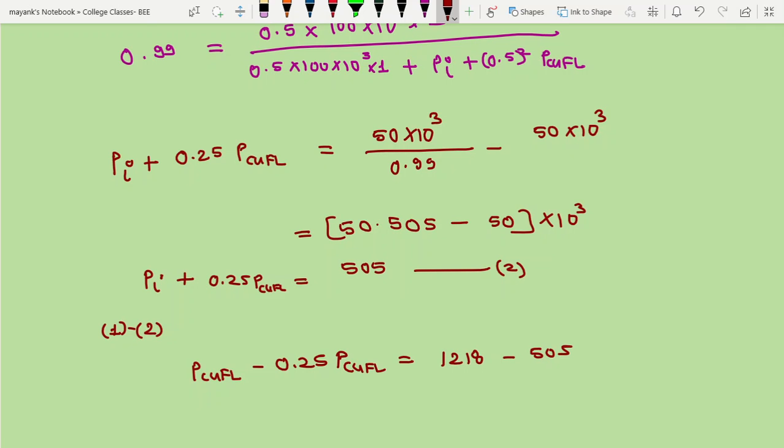So from this it will be 0.75 PCUFL equal to 1218 minus 505, which is 713, and ultimately copper losses at full load will be equal to 713 divided by 0.75. So this will be equal to 950.667 watts.